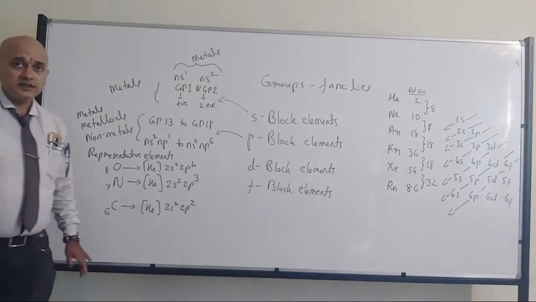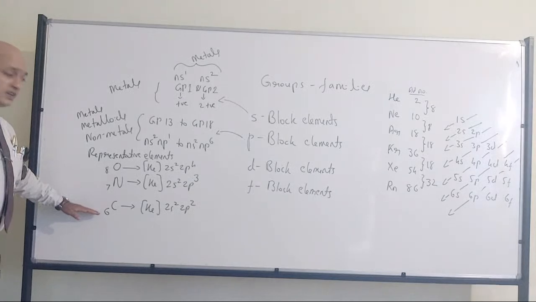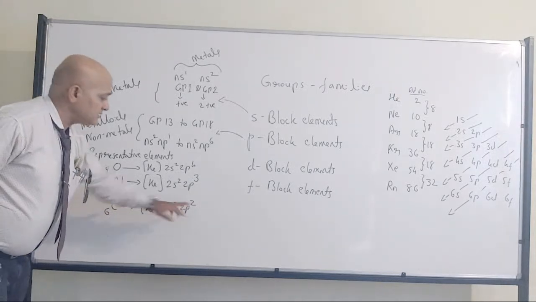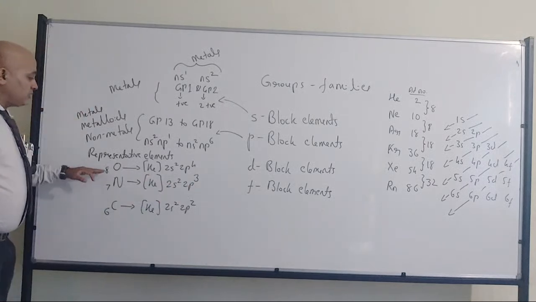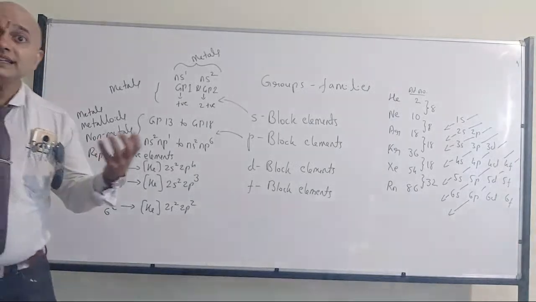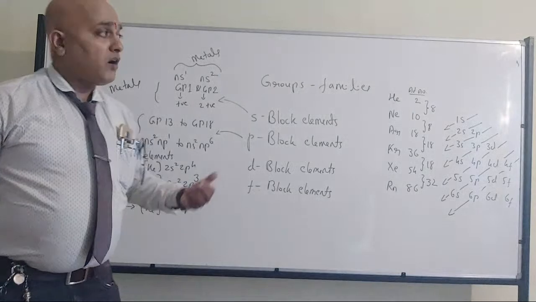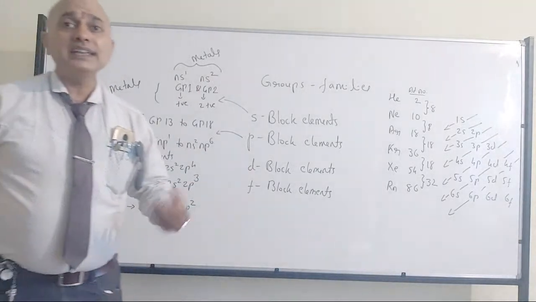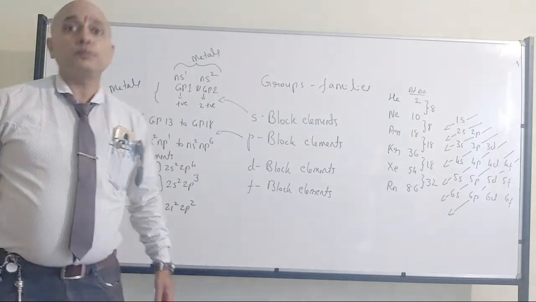All are P block but belong to different groups. Group 14, therefore 4 valence electrons. Group 15, therefore 5 valence electrons. Group 16, therefore 6 valence electrons. That's how we can easily remember. Except transition metals, for all S block and P block, we can easily tell the total valence electrons from the group.